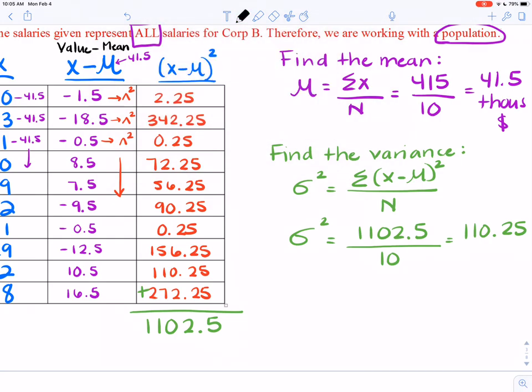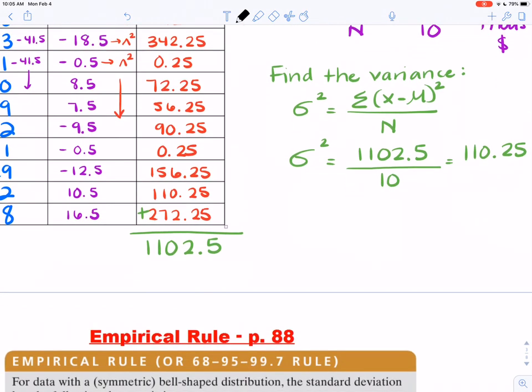Now, the trouble with variance is that everything is squared. So technically, if we put units on this, it would be 110.25 thousandths of dollars squared. So variance for us right now is more just a stepping stone to get to our standard deviation.